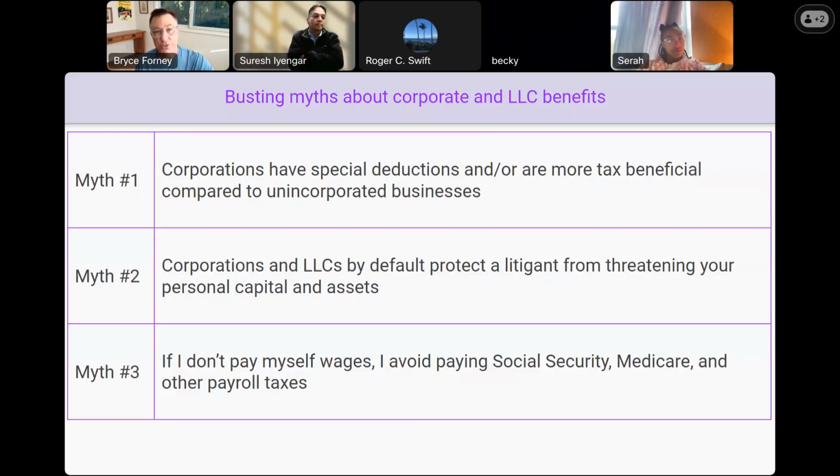It is true that the corporate K-1 that's reporting the income to the owner will show $150,000. There will be no wage income, and the K-1 will show $150,000 of income that is not subjected to Social Security and Medicare, the self-employment taxes.